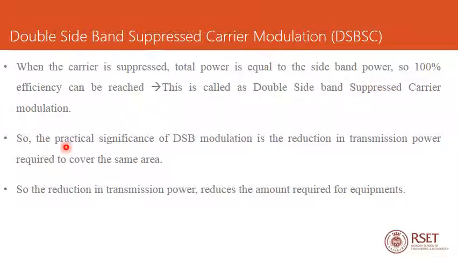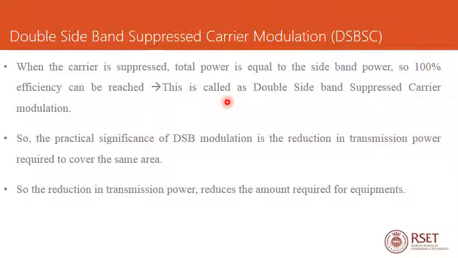The practical significance of double sideband modulation is the reduction in transmission power required to cover the same area. In this case we can suppress the carrier so that the transmission power can be reduced.